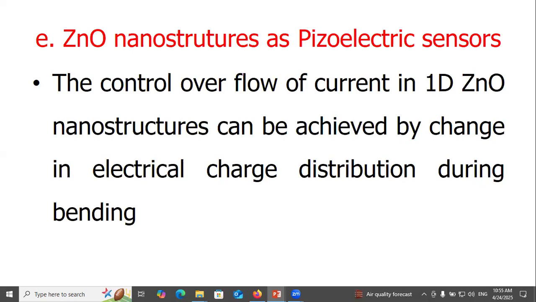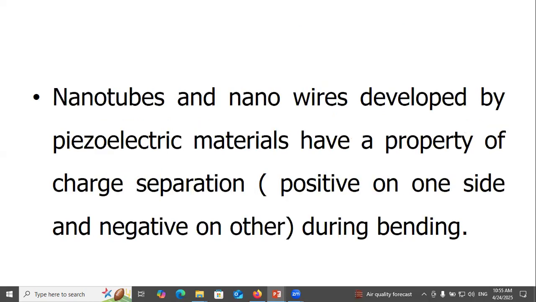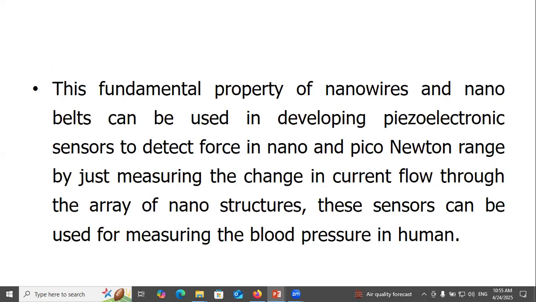Zinc oxide nanostructures as piezoelectric sensors. The control over flow of current in one-dimensional zinc oxide nanostructures can be achieved by change in electrical charge distribution during bending. Nanotubes and nanowires developed from piezoelectric materials have a property of charge separation, positive on one side and negative on the other side during bending.